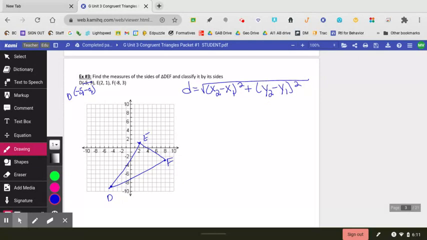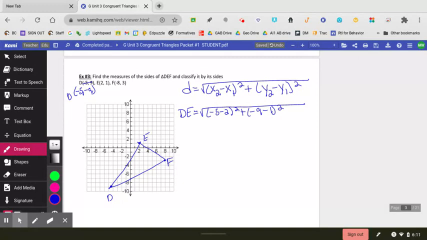So I need to do that for all 3 sides. So I need to do that for DE. So I do the square root of -5 minus 2 squared plus -9 minus 1 squared.